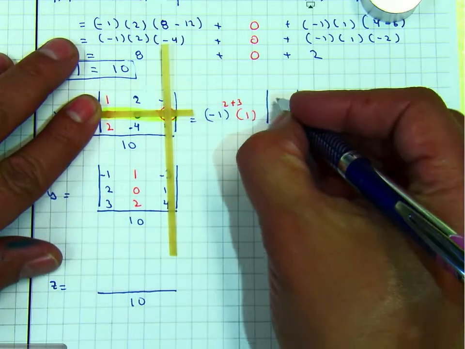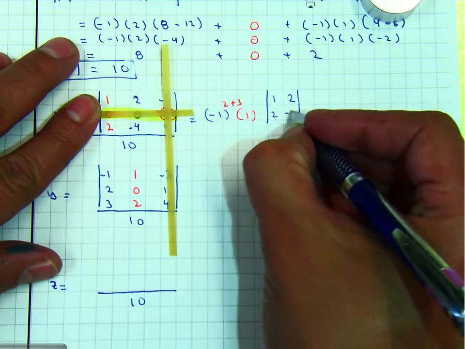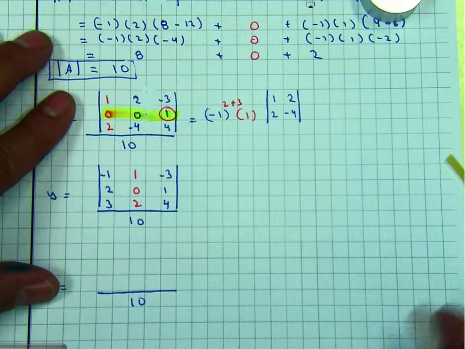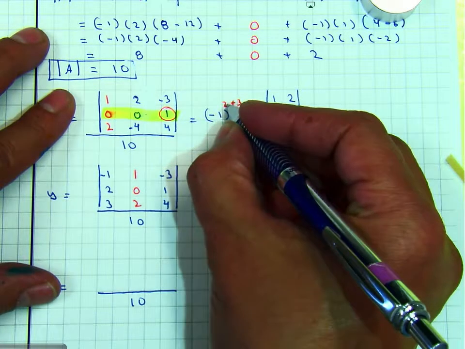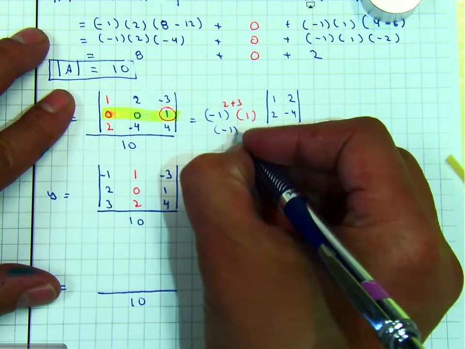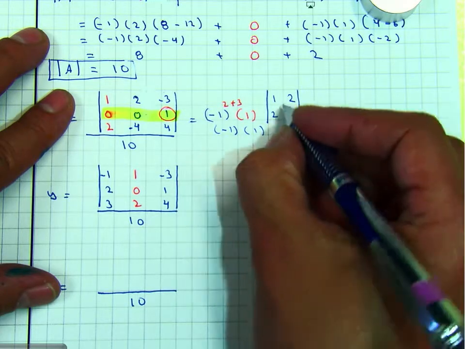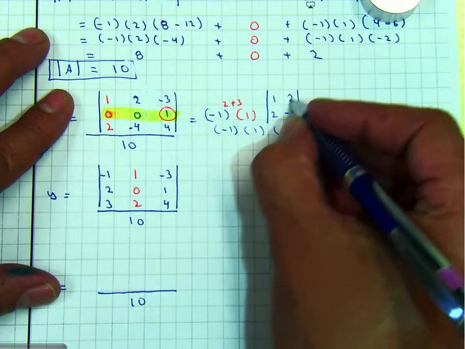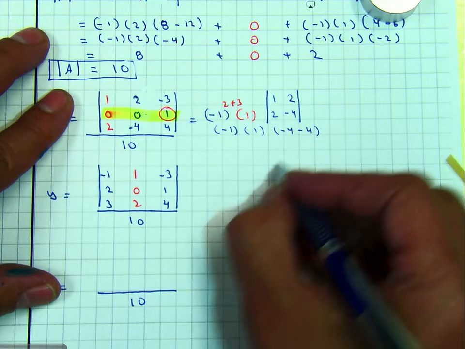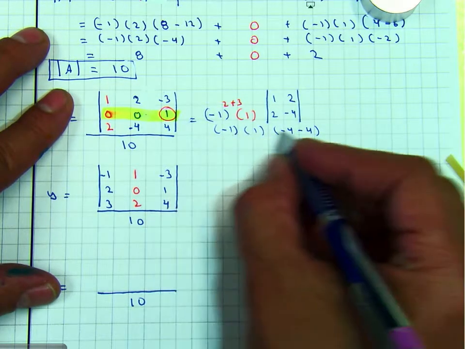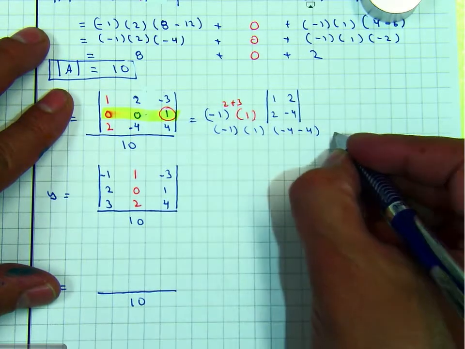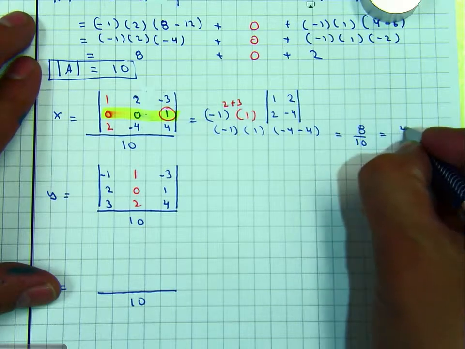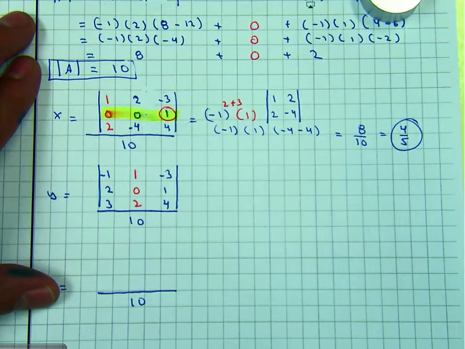That gives me 1, 2, 2, negative 4. So therefore negative 1 to the fifth power, it will be negative 1 times 1. This gives me a negative 4 minus 4. So therefore this gives me negative 8 times negative 1 is positive 8. So it'll be 8 divided by 10. So therefore 4 over 5 is your x value.